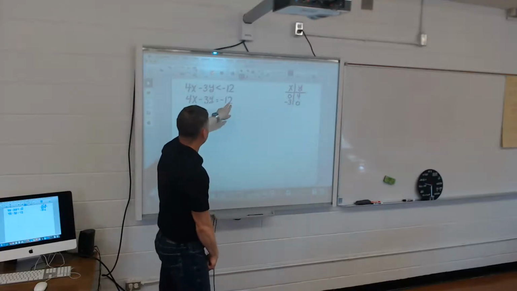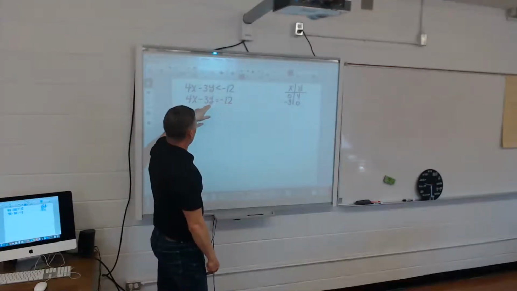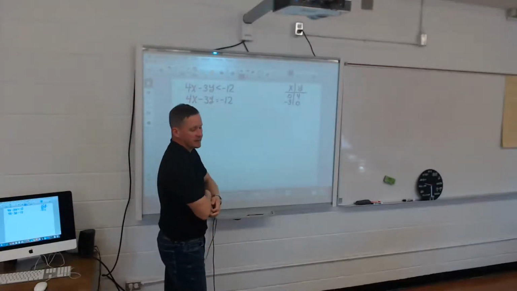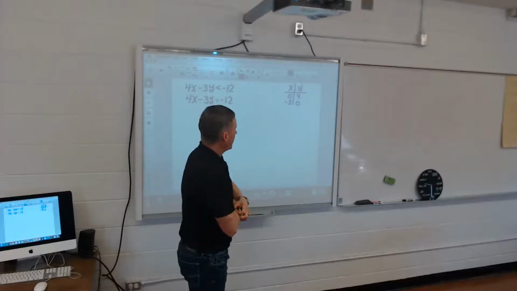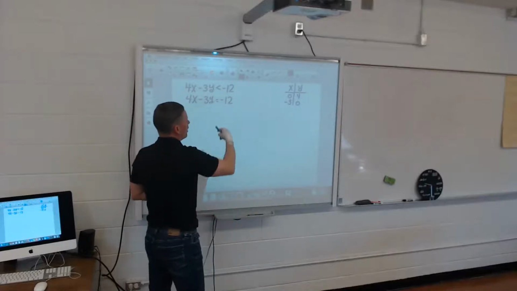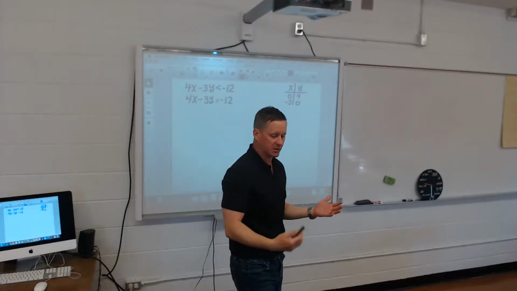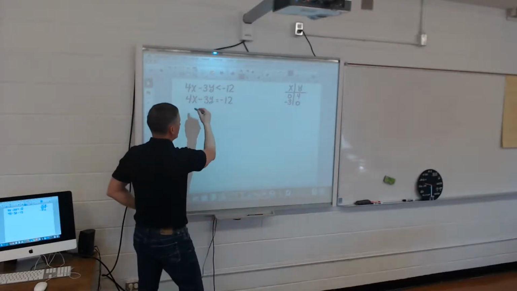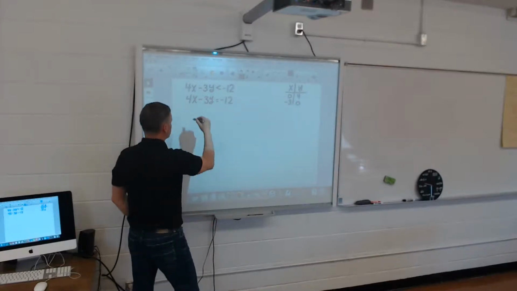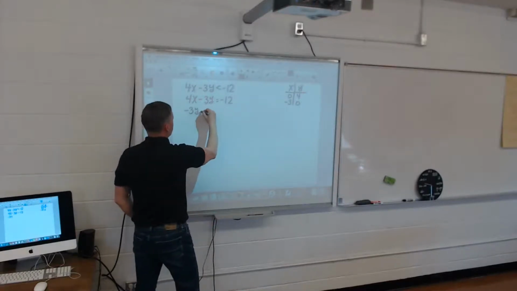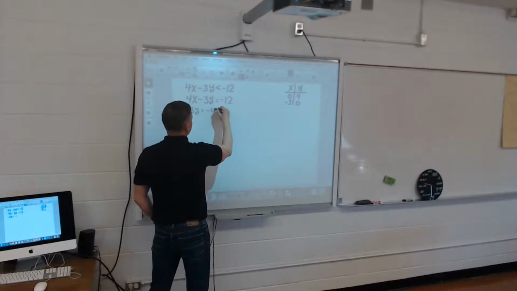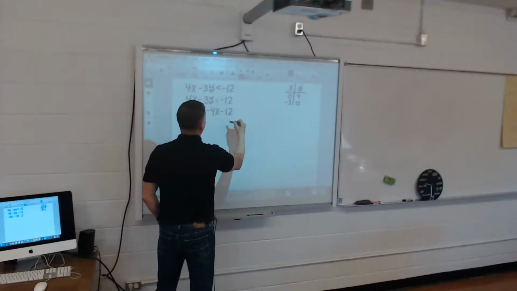It worked great because I can divide these two values into that value nicely. Now, the other way to do it is to solve for y and get it into the form y equals mx plus b. So I'll just go through that with you. I'm going to subtract 4x, so I get minus 3y equals minus 4x minus 12.